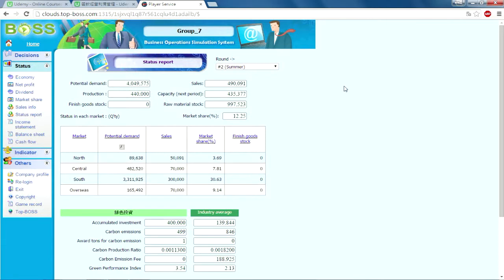Why am I saying this? Because there's one very important decision on production plan. When later on you make the decision on production plan, there are two factors that should exist simultaneously. One is you need to have enough production capacity. The second one is you need to have enough material.